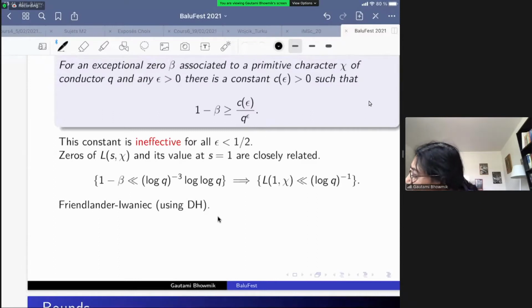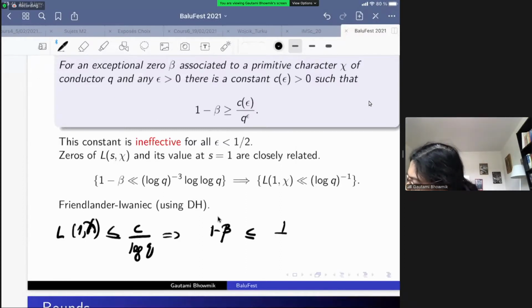For example, if L(1, chi) is less than or equal to some small positive constant divided by log of Q, then 1 minus beta is less than or equal to 1 by log Q.